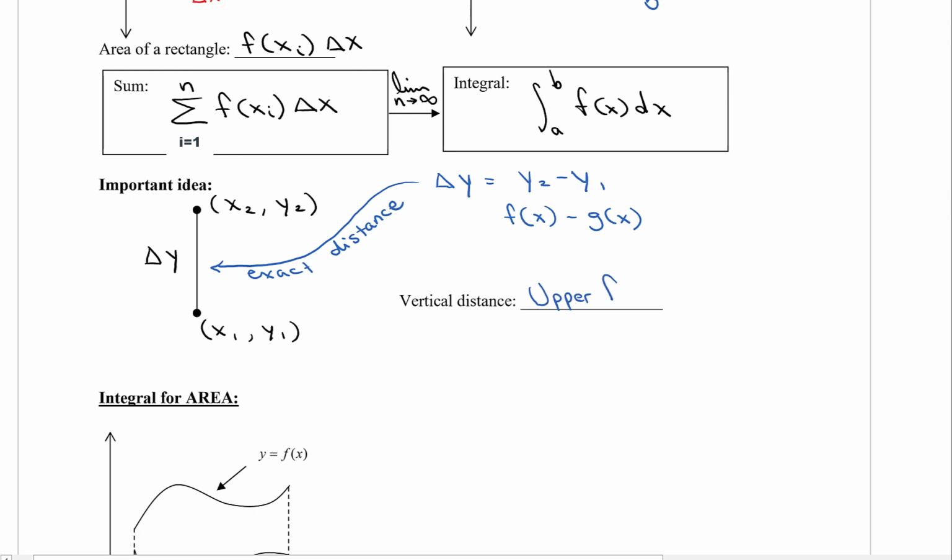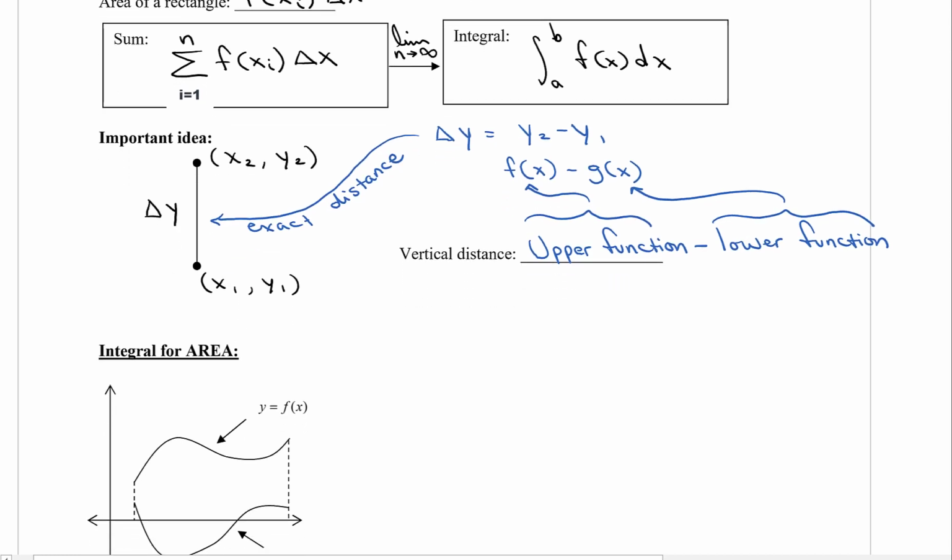So in order to find that vertical distance, I am going to have my upper function minus my lower function. So here my upper function is referring to my f of x, and my lower function is referring to g of x.